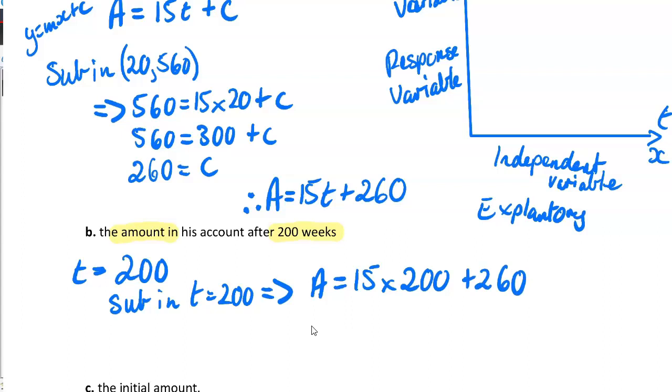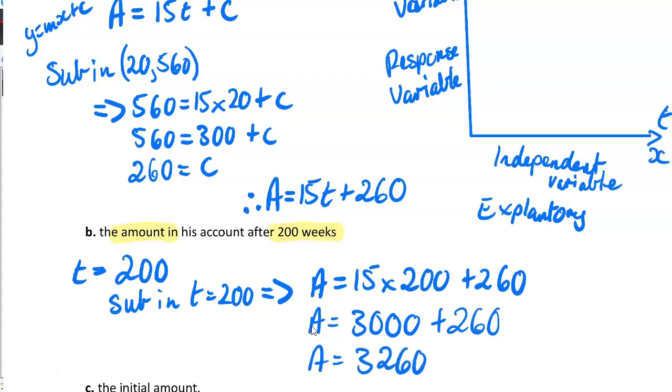Okay, so 15 times 2 is 30, so that'll be 3,000, wouldn't it? Plus 260 equals 3,260. So then I extract that piece of information, and this is when I put in my dollar sign. I wouldn't bother with dollars until the end.